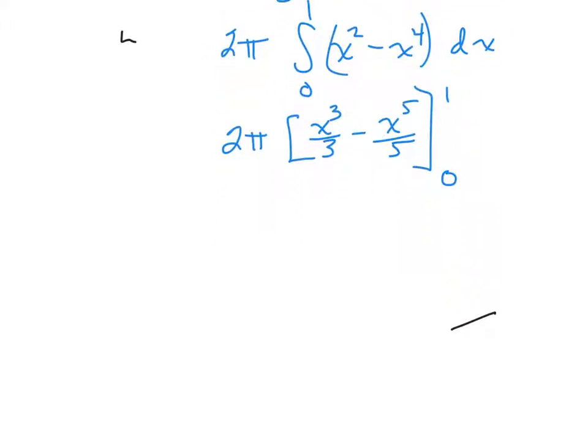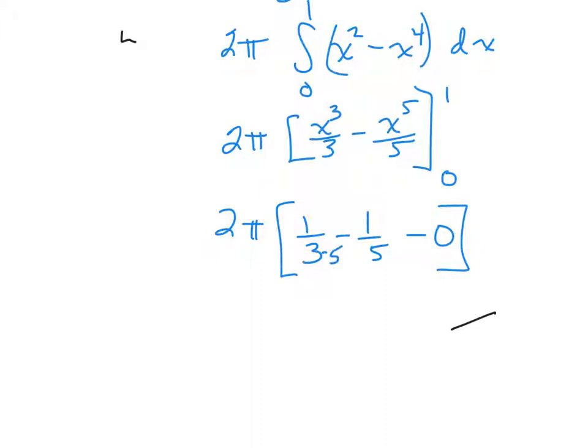Alright, throwing the 1 in there, that'll give me 2 pi times 1 cubed over 3, or a third, minus 1 to the 5th over 5, or a fifth. And if you put the 0 into both of those, you're going to get 0. Third minus a fifth, what's that?